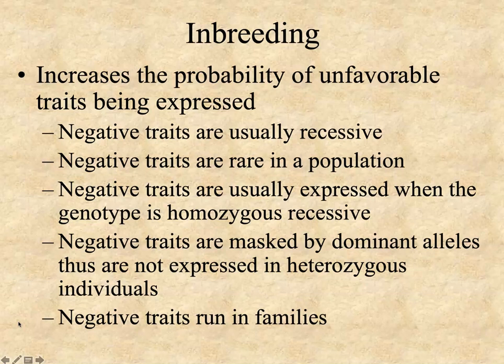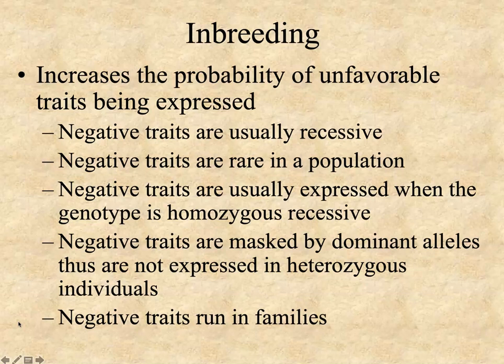So let's think about why. If you have a small population, you have much greater potential to have inbreeding, okay? And inbreeding increases the probability of unfavorable traits being expressed. And if you remember that genetics problem we went over, negative traits are usually recessive, so they would be masked by the dominant normal allele.